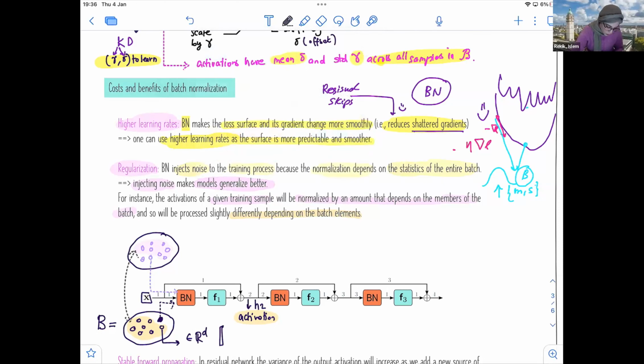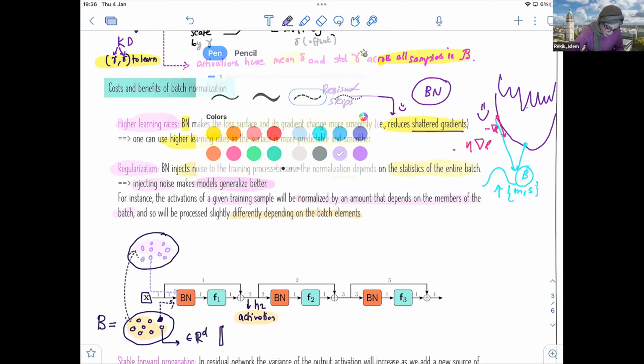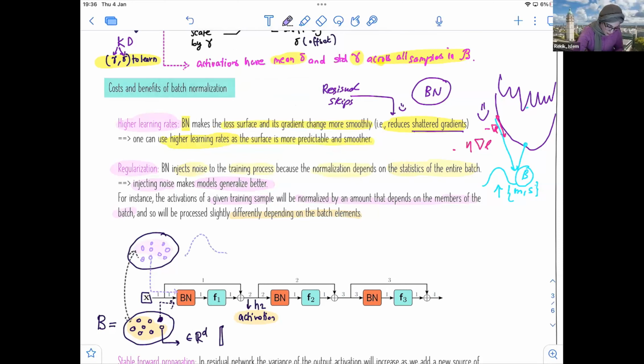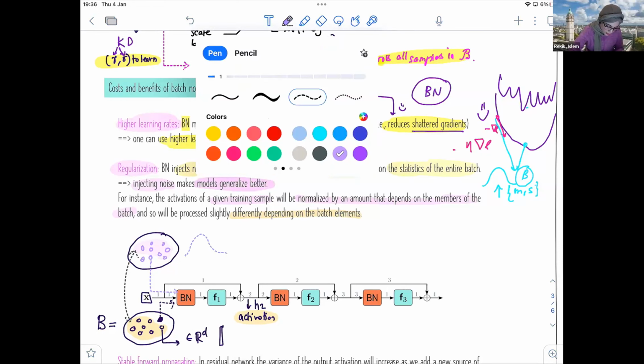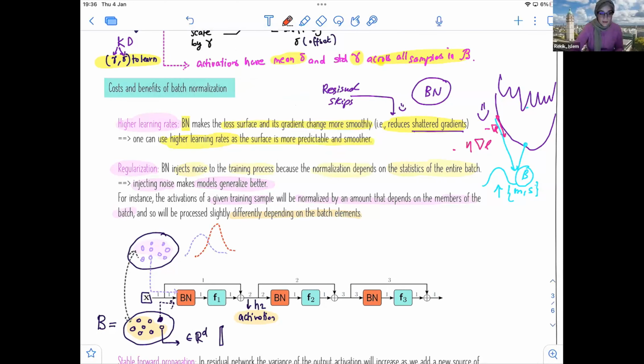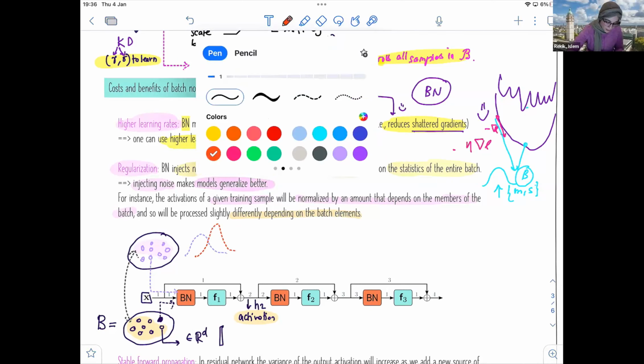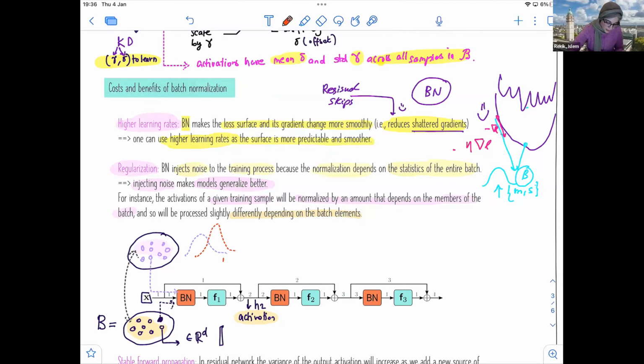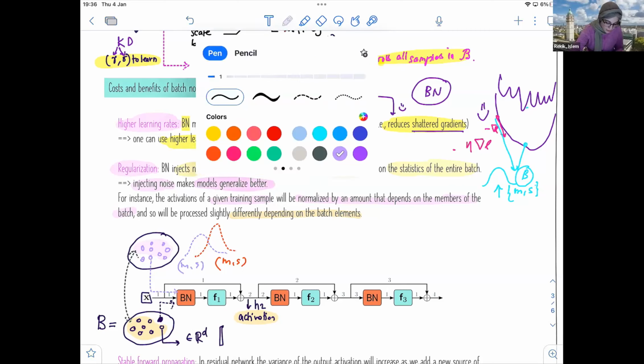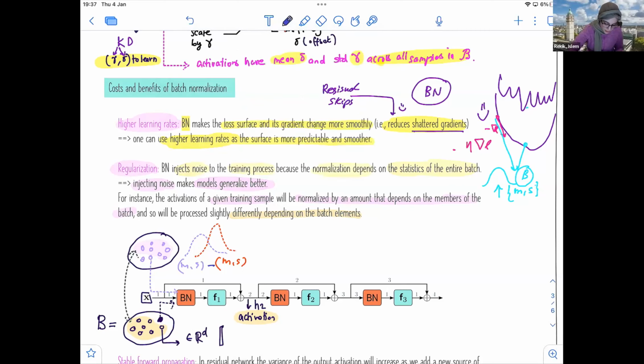The distribution of the orange is somewhere around that. And every time you take the mean and the standard deviation of this distribution, and then the mean and the standard deviation of the other, these will be different, okay? Because of that difference, the normalization or the activation here will differ depending on the batch.